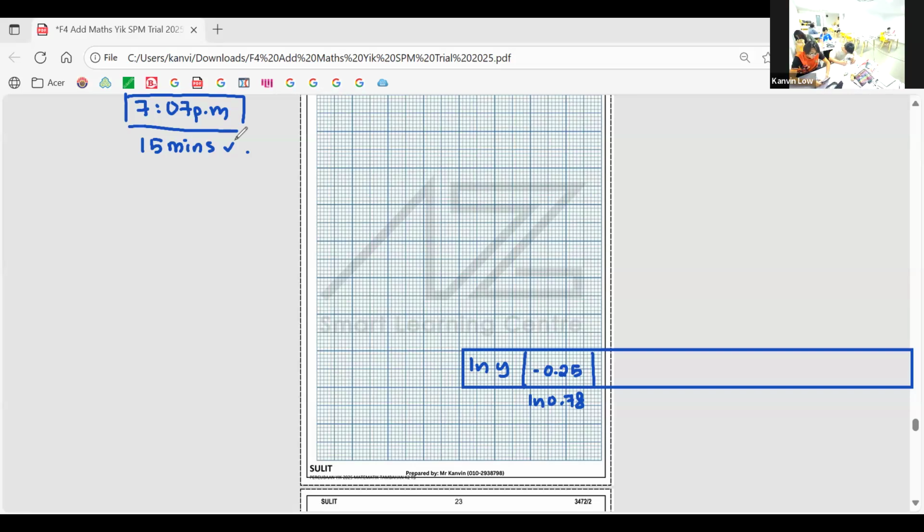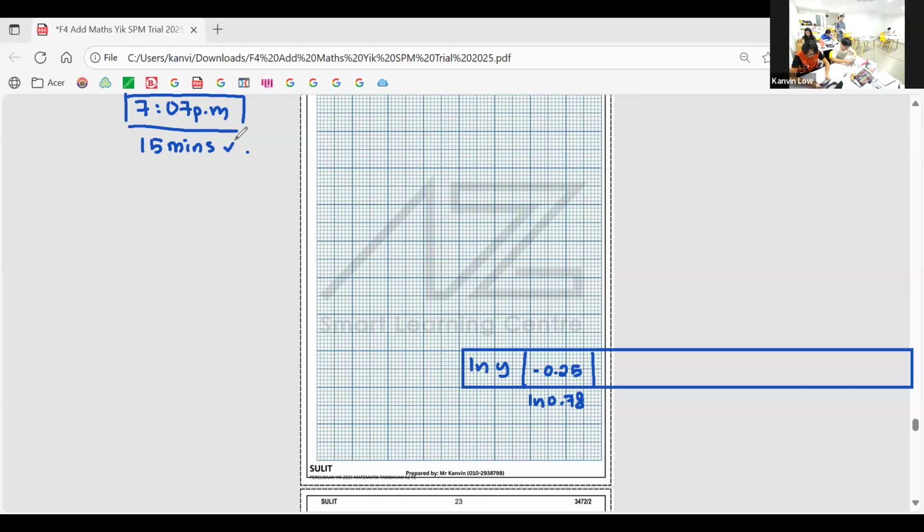Okay. Yeah. You can use another. You want this? You want this? Yes. You want this? Yeah. Because you need a ruler.